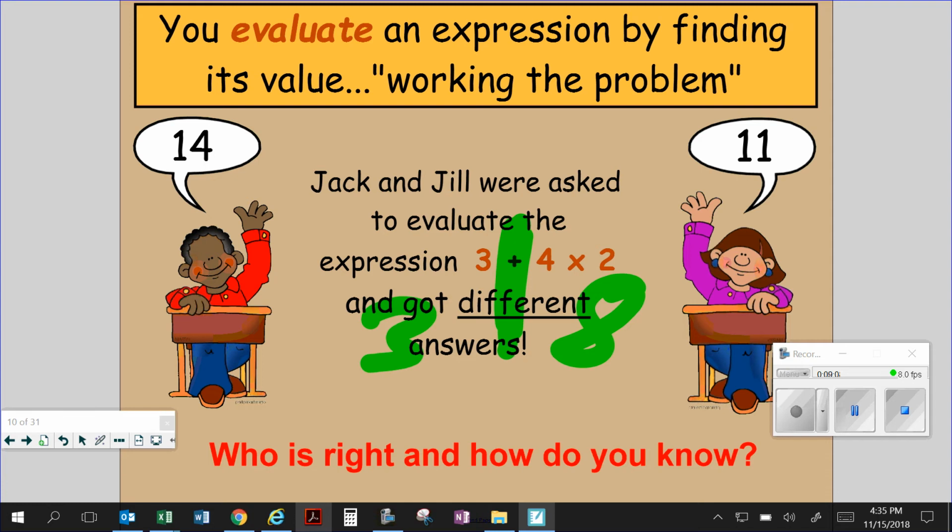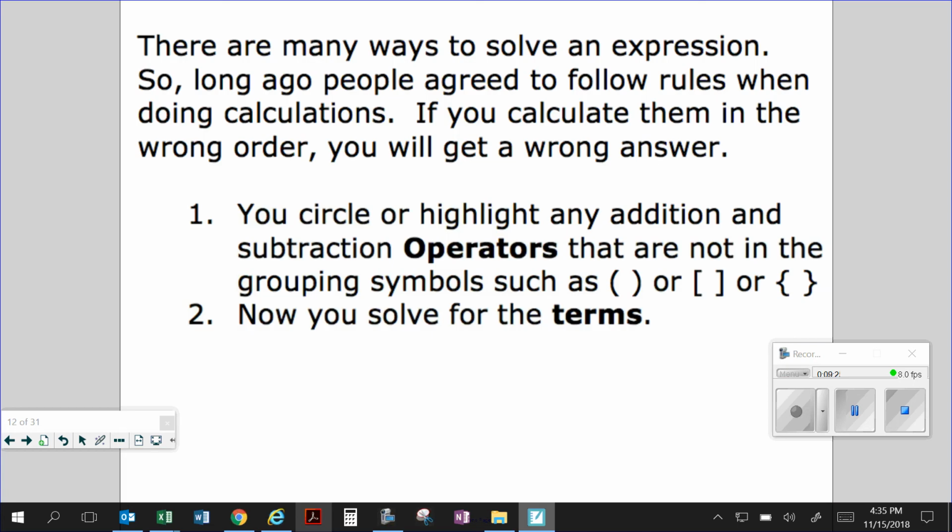What Jack did is he combined these two and then multiplied by 2. That is not correct. Addition and subtraction is the last operation in the order of operations. That is why we separate the terms, and then we add at the end.